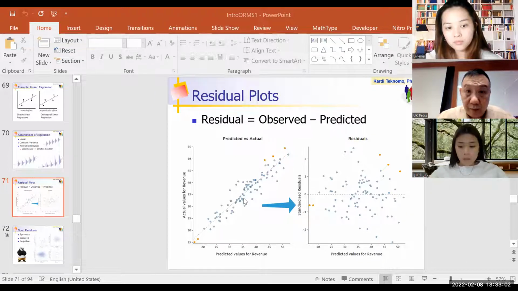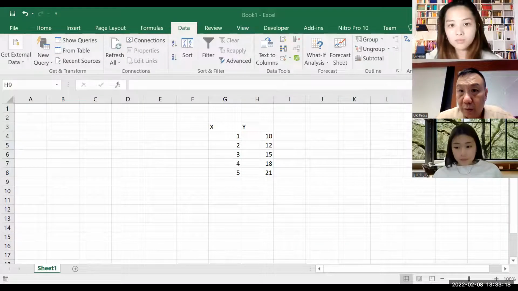Okay. So how do you do regression in Excel? I need Data Analysis. Oh, I need to share my screen, right? Oh, there is no Data Analysis. Wait.